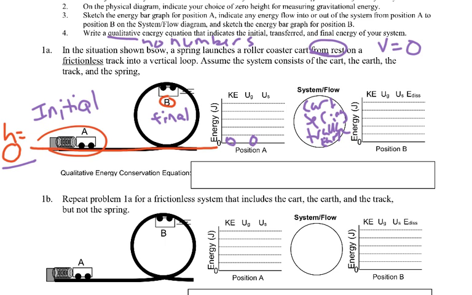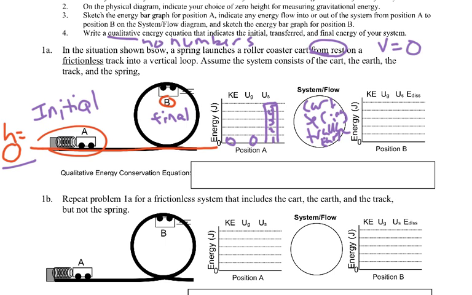So we draw a bar chart. I use all the lines that are here. I just think it's easier. And it gives us our total energy here. So we have 1, 2, 3, 4, 5 boxes of total energy here. Now we talked about the law of conservation of energy.